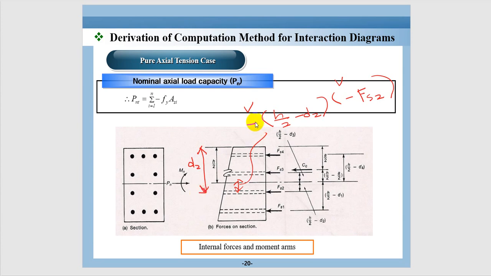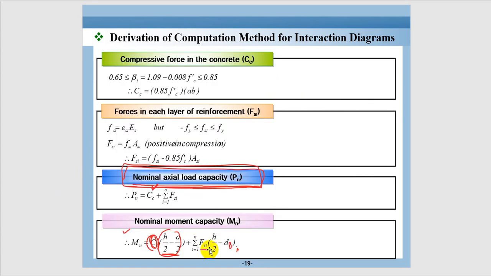This is a negative value, and this also you have a clockwise, whereas you have counterclockwise, so you have another minus over there. So this should also be added into your equilibrium equations right here.